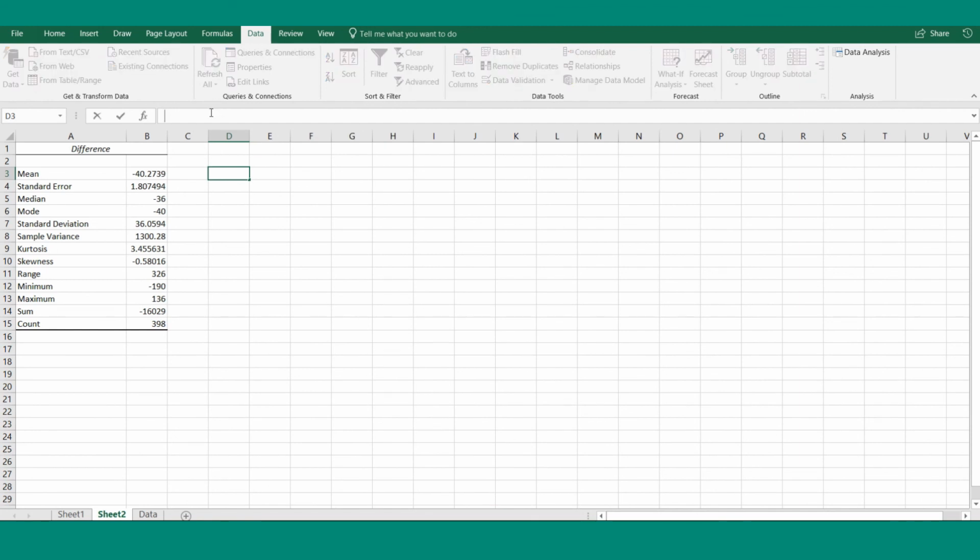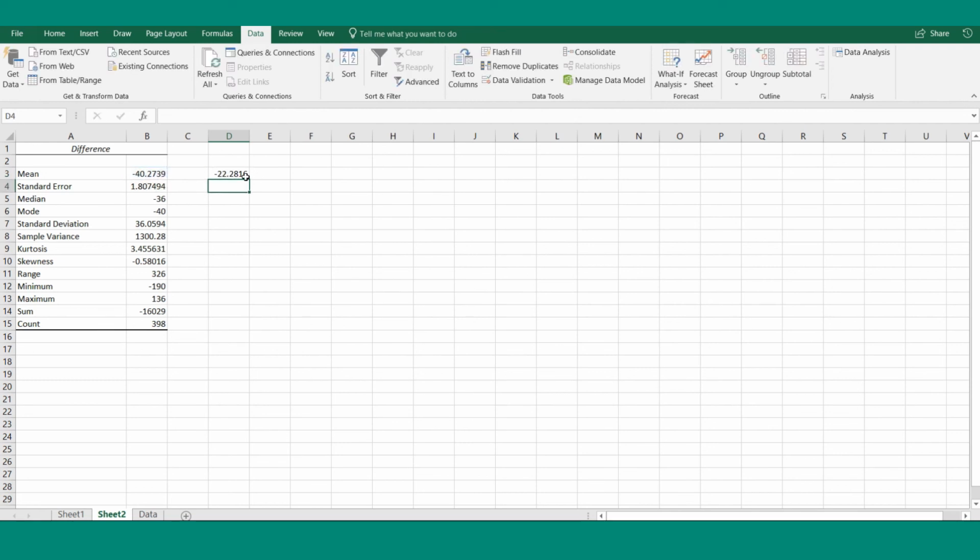So I'm just going to click on an empty cell and push equals, and I'm going to find the t statistic. So it's basically the mean of the difference score minus 0, but you don't have to do minus 0, divided by, and I'm going to put a slash there, the standard error.